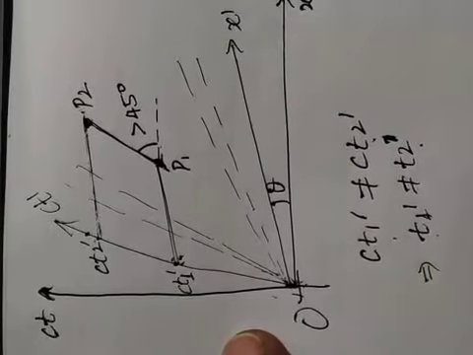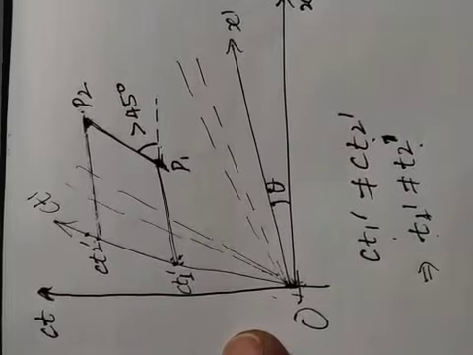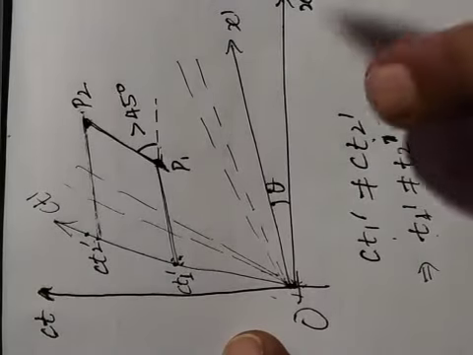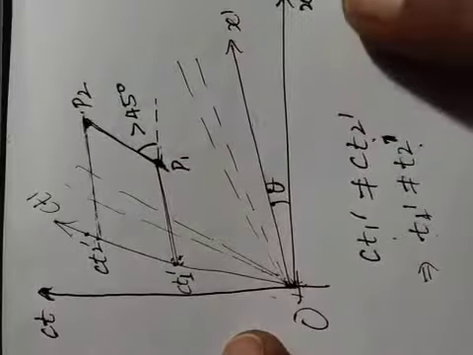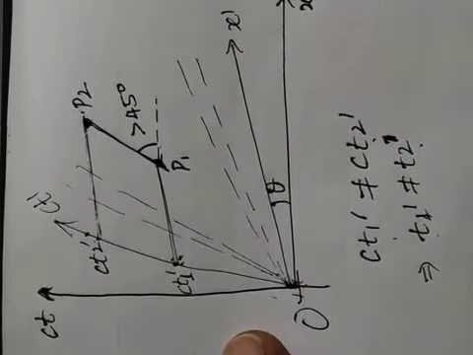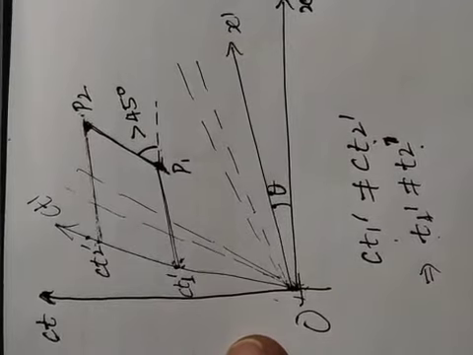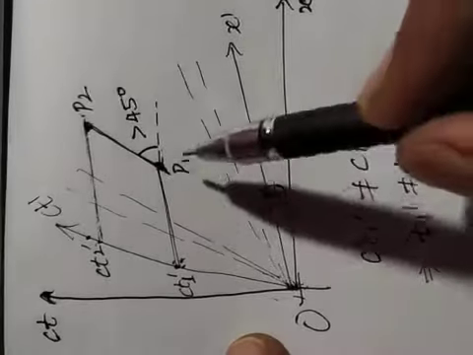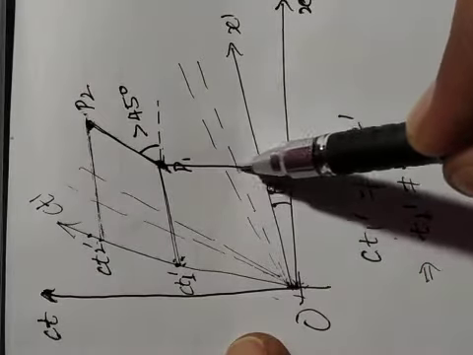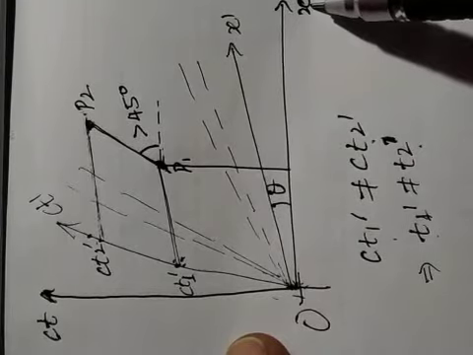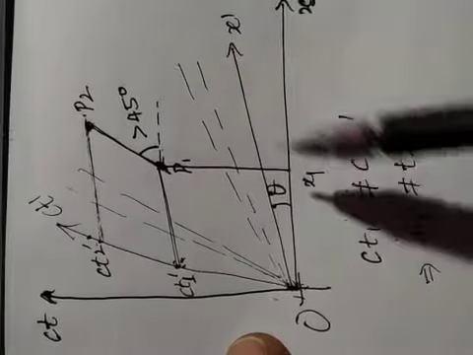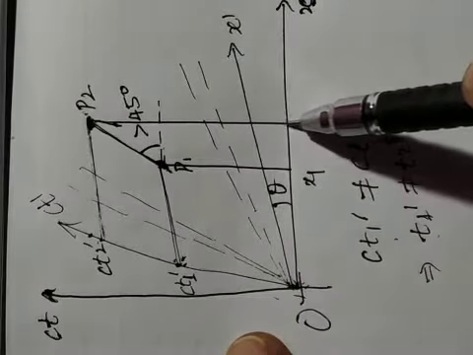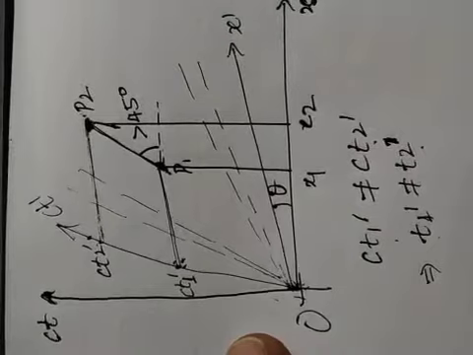Now I want to show that these two events are simultaneous in the S frame. For this I want to know the coordinates of these two events in the S frame. Draw a line perpendicular to the axis X. Say this coordinate is X1, and draw a line from there, and say this coordinate is X2.